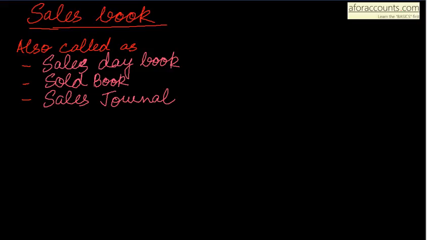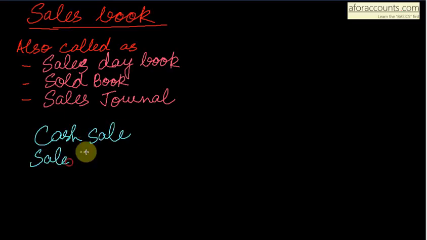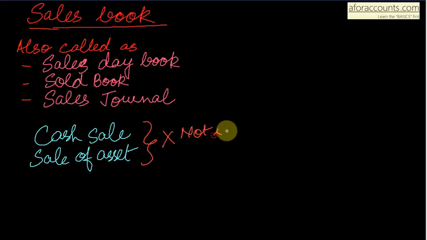Okay, only credit sales are recorded in the sales book. So what about cash sale? Or what about the sale of an asset? They are not recorded in your sales book.